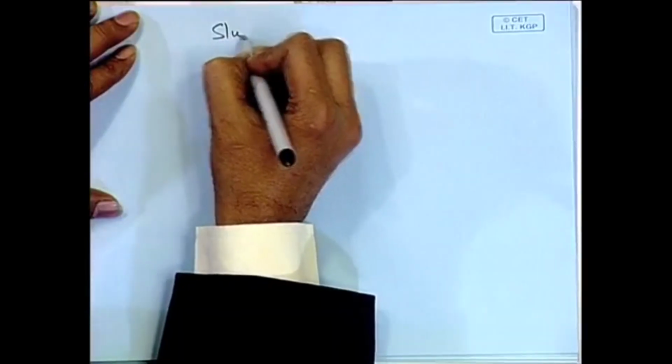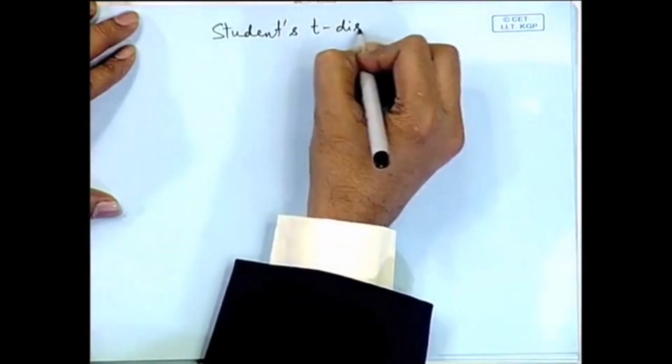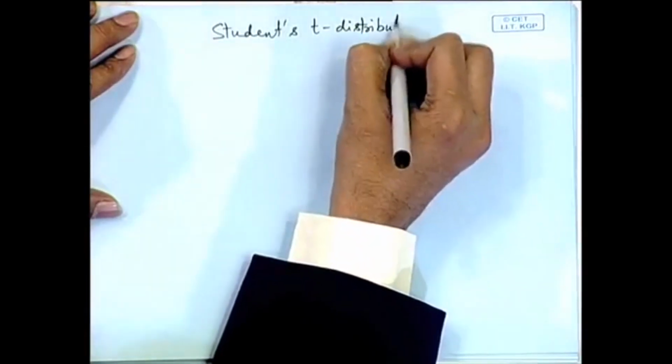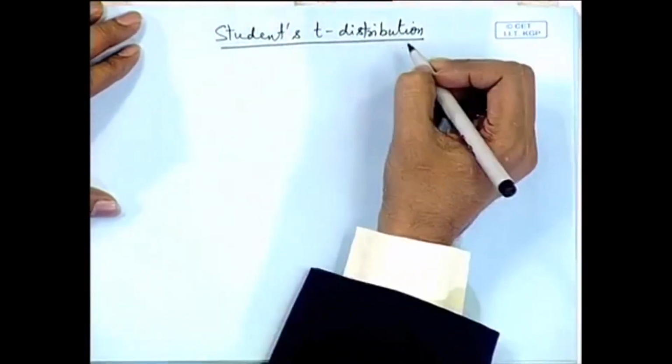Now, we move over to another sampling distribution called T distribution. So, we call it student's T distribution. There is a story behind why it is called student's T distribution. Basically, it was discovered by W. S. Gossett, a statistician in England.